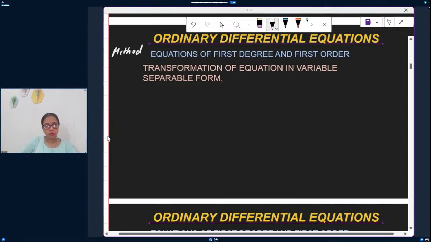Transformation of equation in variable separable form.